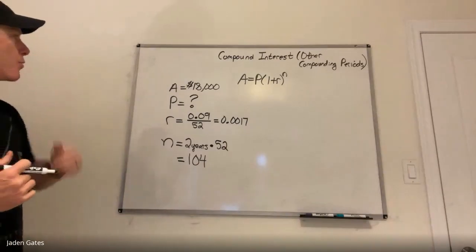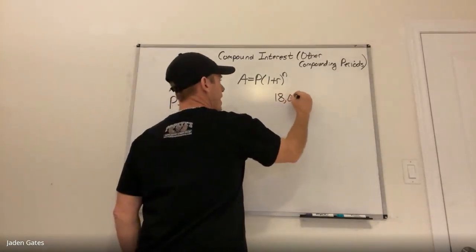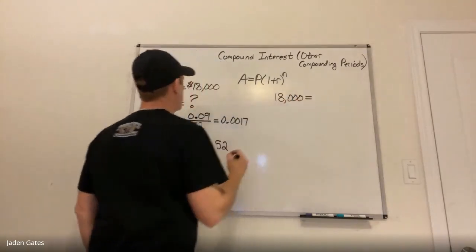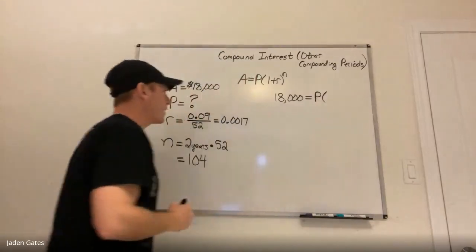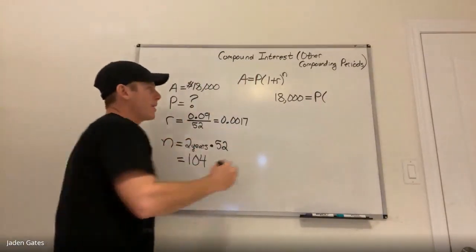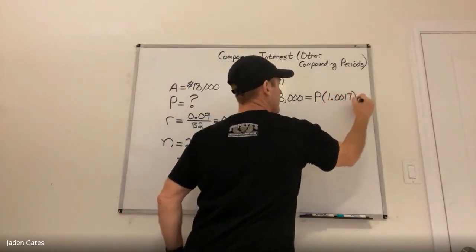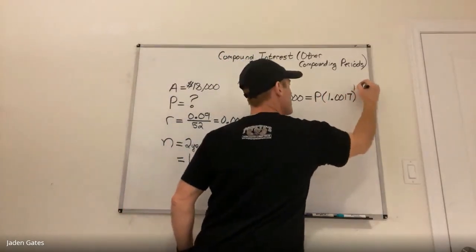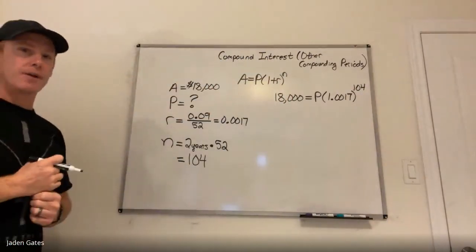So I'm going to substitute in: $18,000 is equal to, I don't know my principal P, and then in the bracket is 1 plus my interest rate. So I'm going to have 1.0017 to the power of n, which is the number of times the interest is going to be added, so 104 times.